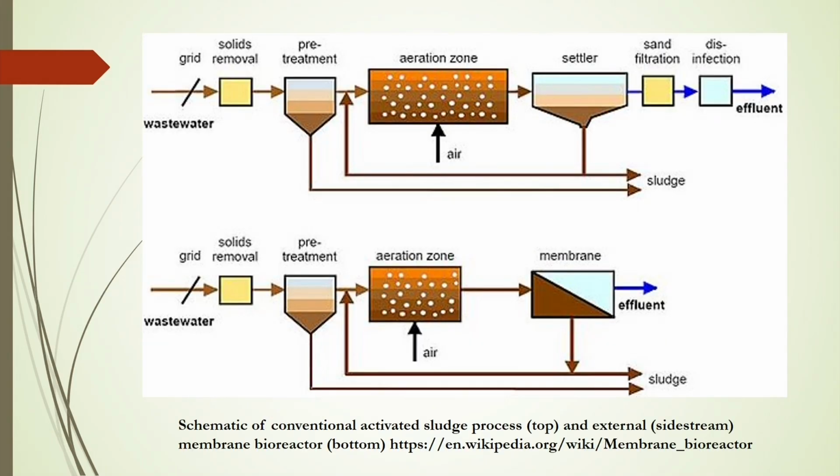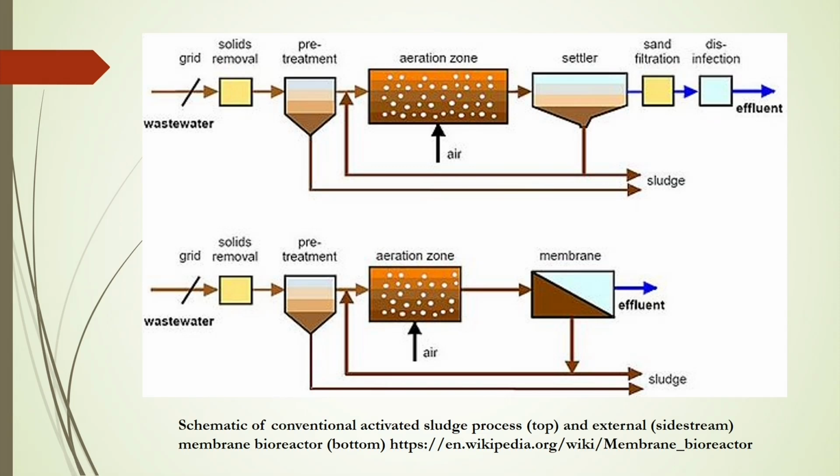Here is a schematic of the conventional activated sludge process at the top, and the external side stream membrane bioreactor at the bottom, shown based on Wikipedia's membrane bioreactor entry. The wastewater coming in is passed through a grid, and solids are removed by pre-treatment with other mechanical devices.